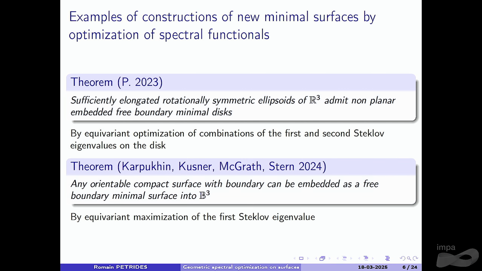And I also mention the result of yesterday by Karpukhin, Kusner, McGrath, and Stern, KKMS in the following, that proved the existence of free boundary minimal surfaces into spheres of any topology by optimization of the first Steklov eigenvalue. So it's a geometric motivation to do spectral optimization here.